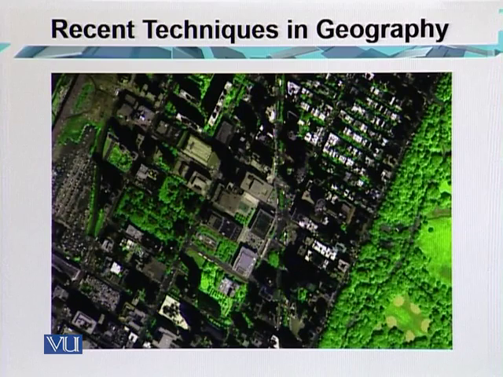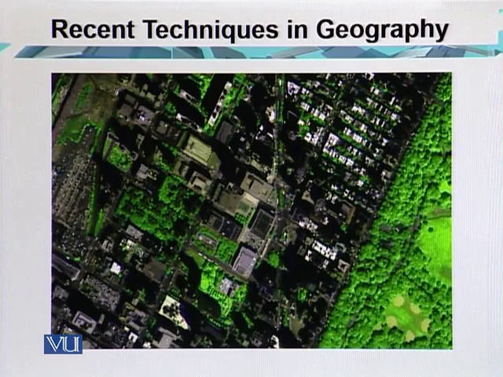This image shows the variation in patch size distribution. Here we can see the green patches of the area. These patches vary in size. Some are bigger and some smaller, but they are located within the urban settlement. This image separates the different land uses of the area.